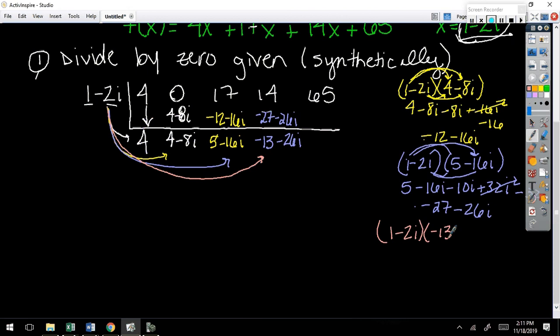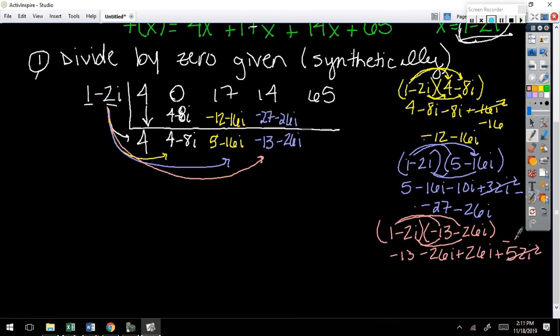So I get negative 13 minus 26i plus 26i plus 2 times 26, that'd be 52 i squared, which becomes negative 52. These cancel, and look what I'm left with, negative 65.